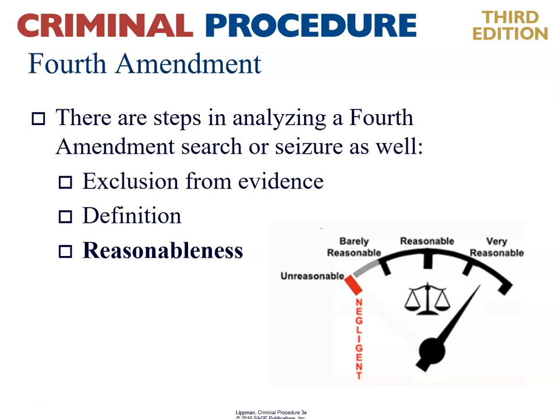So, exclusion from evidence. If the search or seizure was unreasonable, does the exclusionary rule require that the object or objects seized be excluded from evidence? Or may the item be introduced at trial? And we'll talk more about the exclusionary rule further down the road in chapter 10.